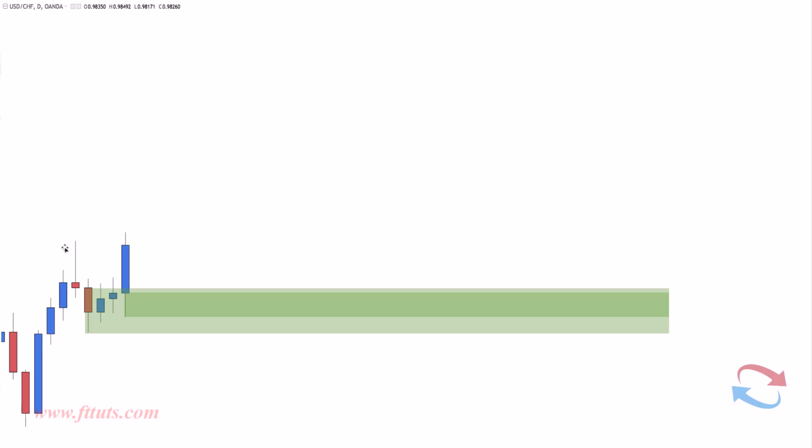This also creates, if you have the eagle eye, some hidden demand around here, because the candle went below the previous candle's low and closed above the previous candle's high as well. So this was also some hidden demand in that area. As we go forward, prices continue to make higher lows and higher highs.